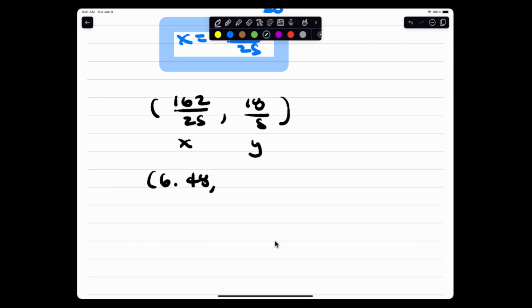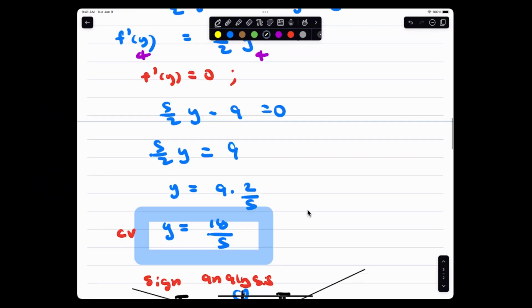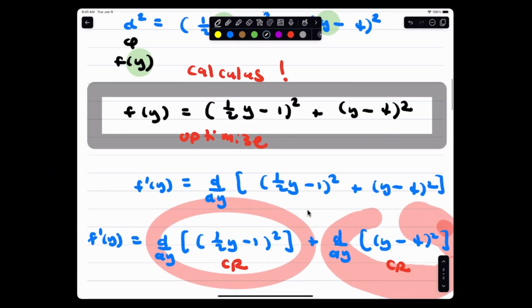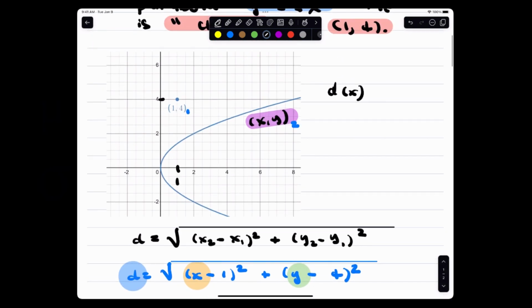And y is 18 divided by 5? Oops. 3.6. So 6.48, 3.6.